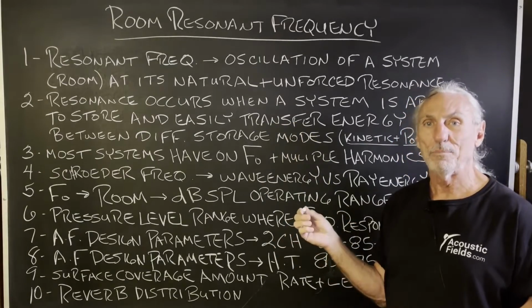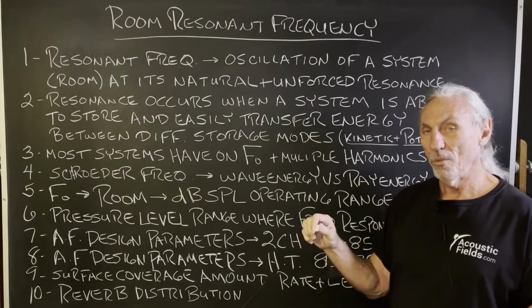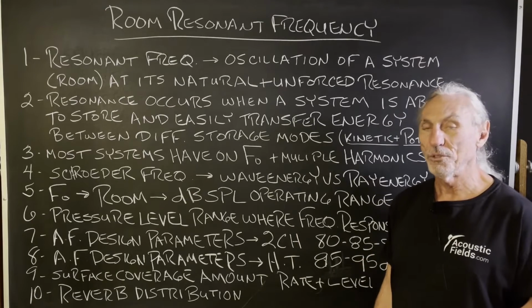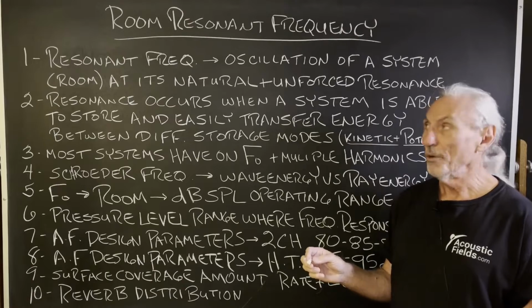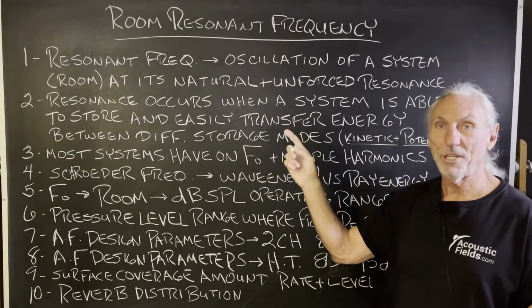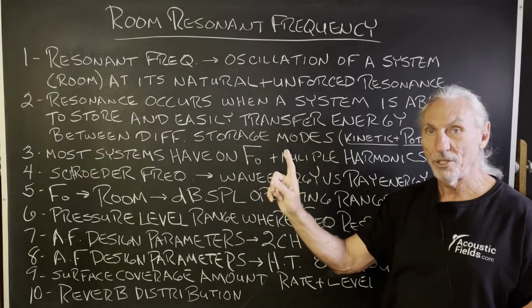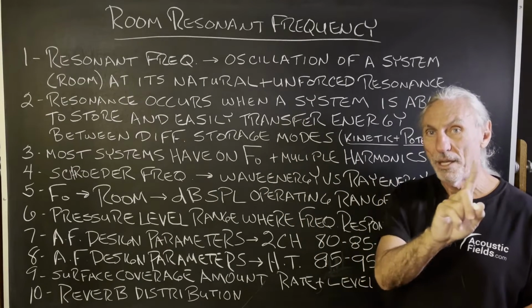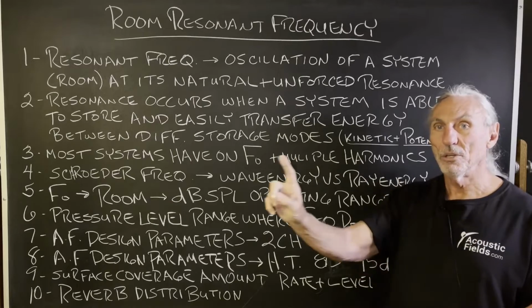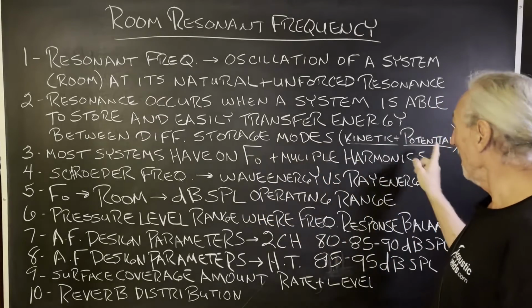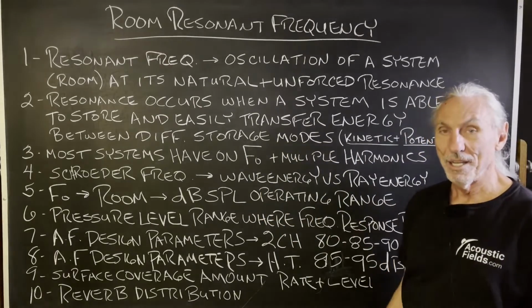What pressure level, what amplitude level do you listen at in your room where everything sounds good? A good example of a resonant frequency balance is a pendulum. It swings this way, swings that way in equal motion, so the kinetic and the potential energy is balanced.